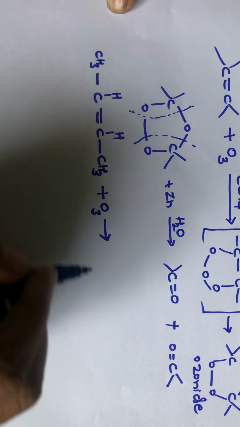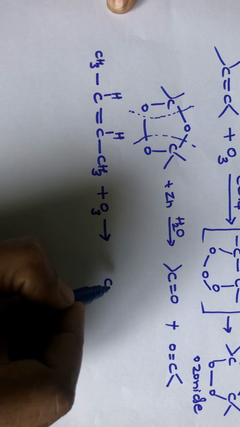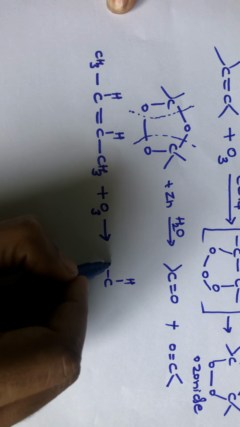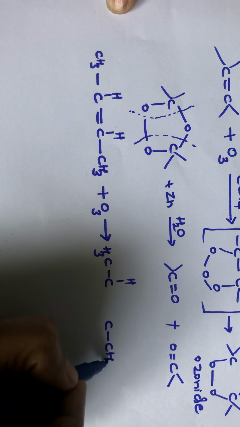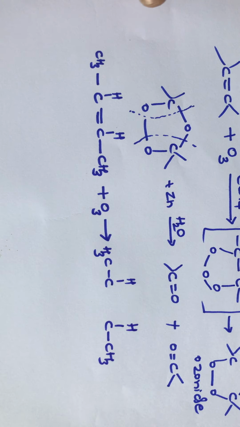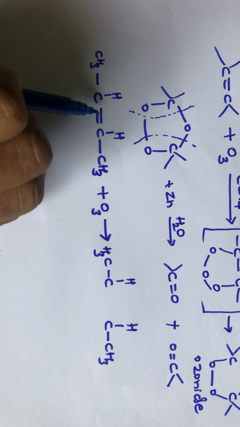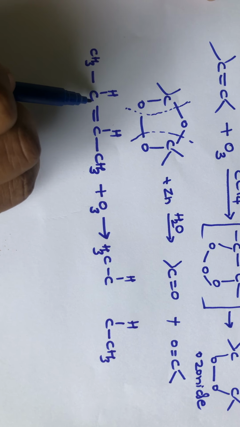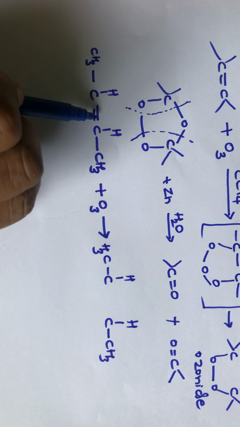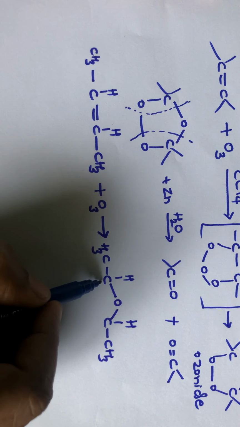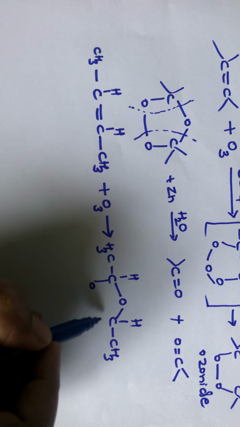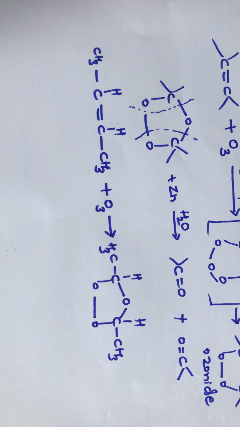Addition takes place and then rearrangement. Both the double bonds go off. Since there are two bonds here, one oxygen adds like this, and another oxygen, and this is what is formed. This is a cyclic ozonide structure.